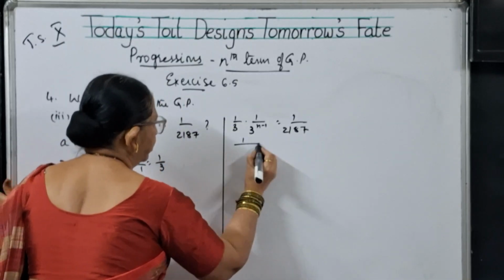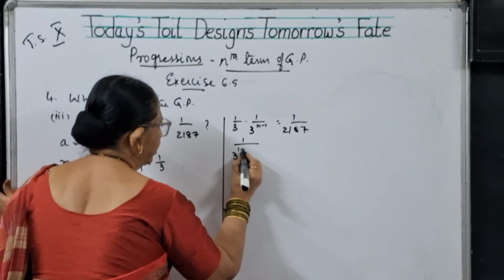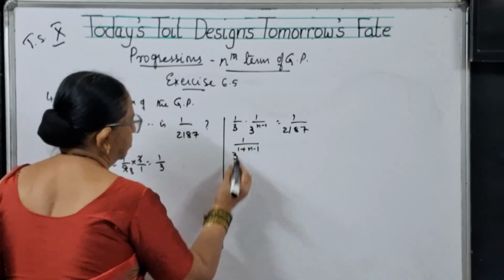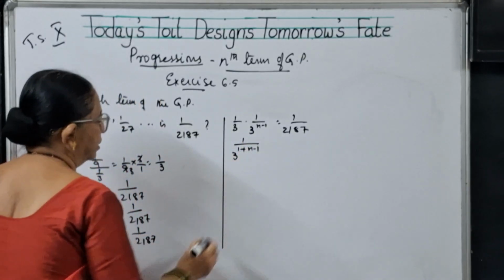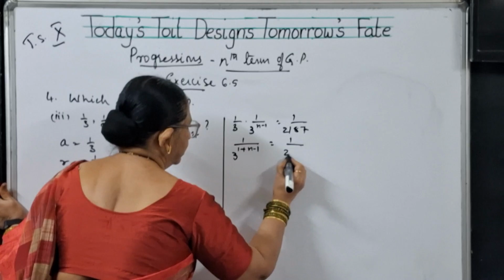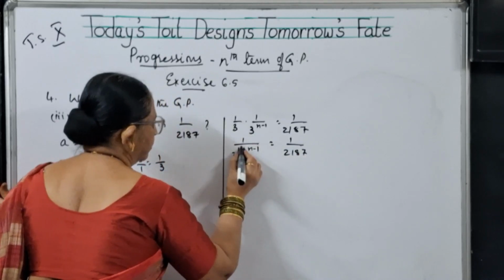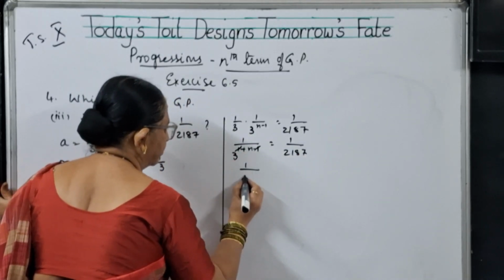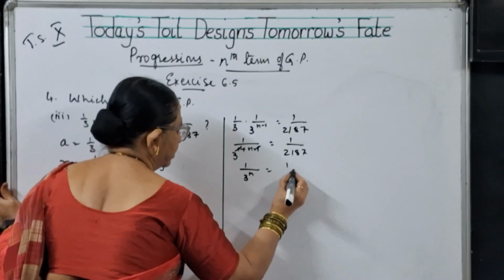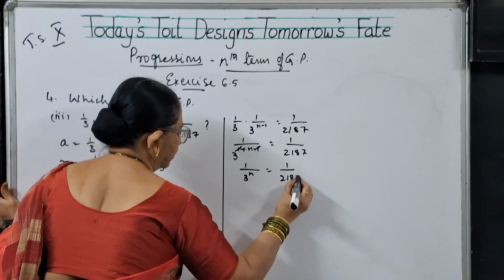That means 1 by 3 to the power of 1 plus n minus 1. Bases are same, power should be added. This is equal to 1 by 2187. So 1 and 1 will be cancelled. 1 by 3 to the power of n is 1 by 2187.